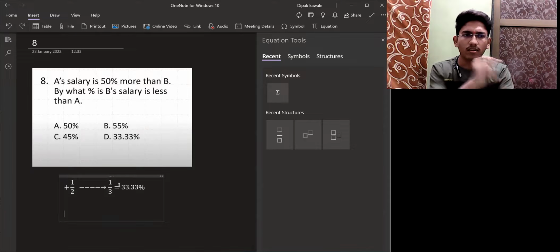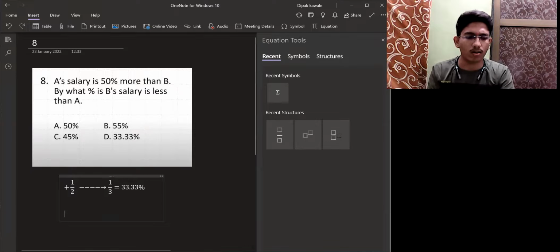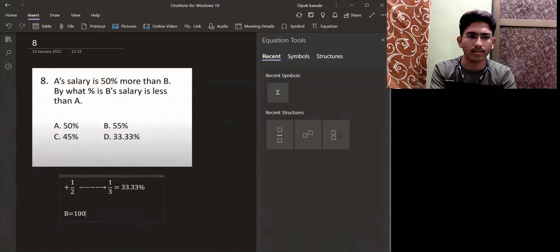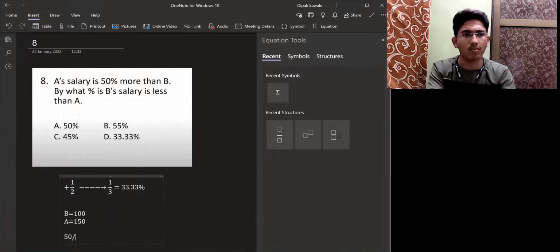Let's test if this answer is correct or not. Considering B's value as 100 and A's value as 150. Okay, so the difference will be 50, and we want to find in terms of A, so the A value will be 150.